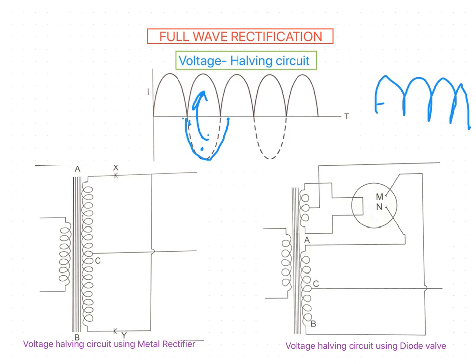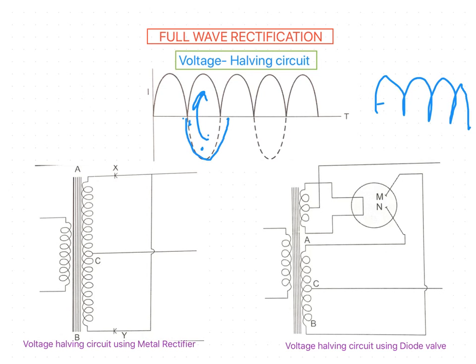This can be produced by different circuits: one is the voltage halving circuit and another one is the Westinghouse Bridge.